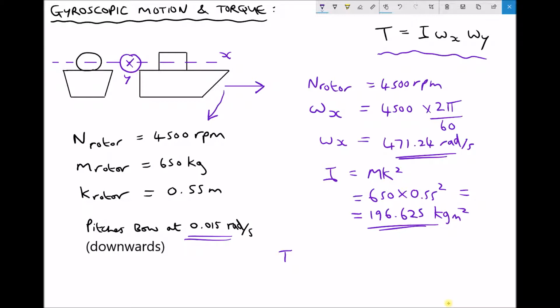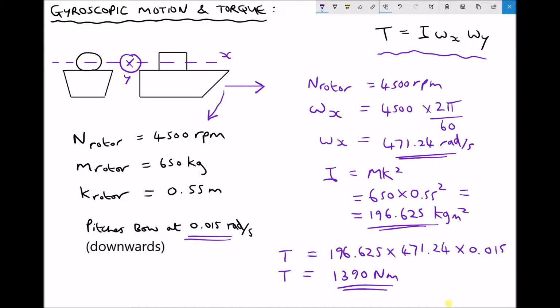So we have the gyroscopic torque equals I, 196.625, times omega in the x direction, 471.24, times omega in the y direction, 0.015, giving us a torque equal to 1390 Newton meters, accurate to the nearest whole number.